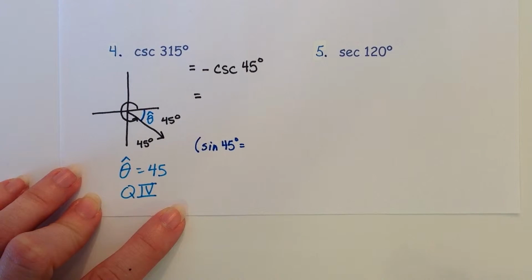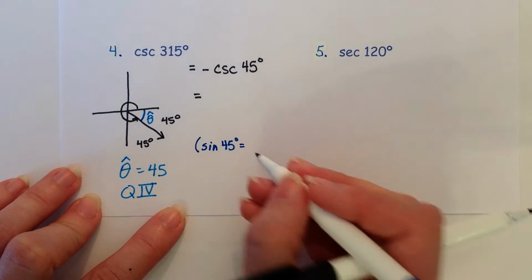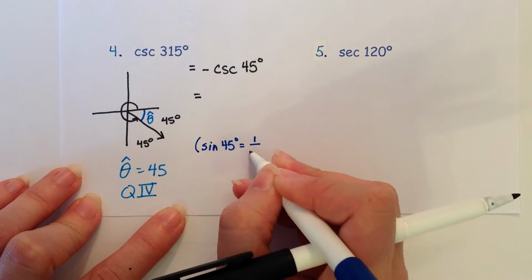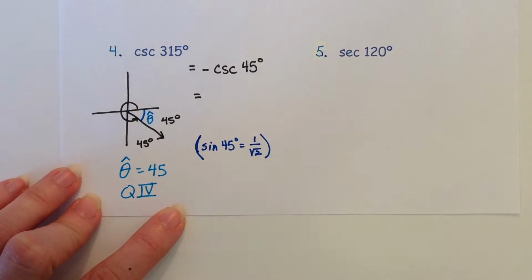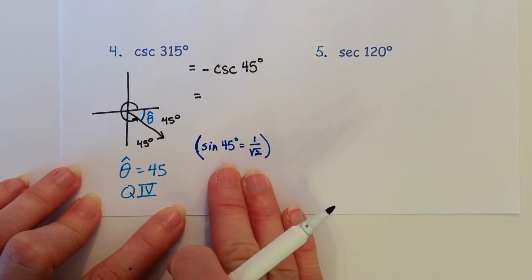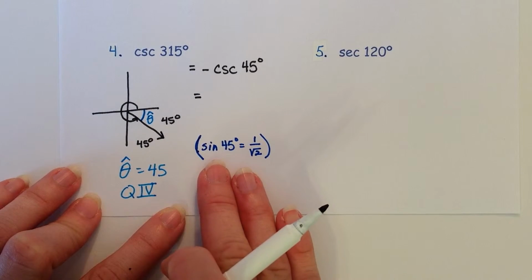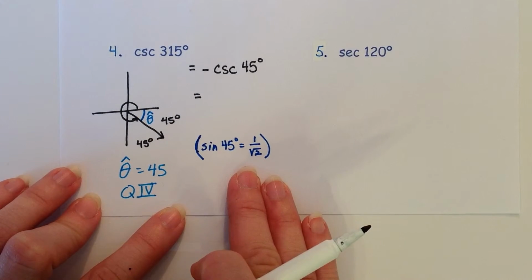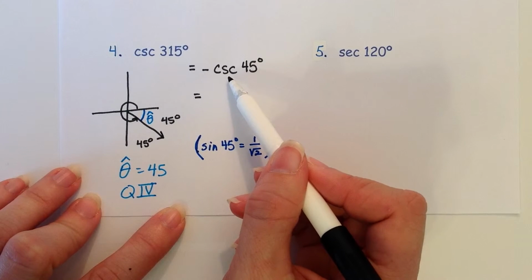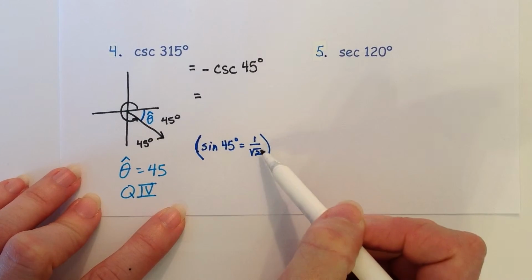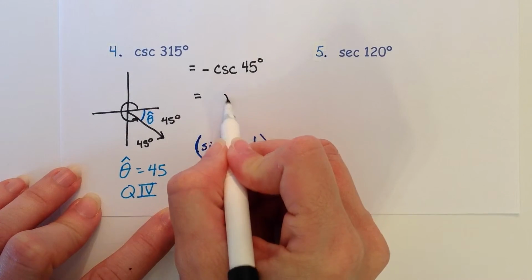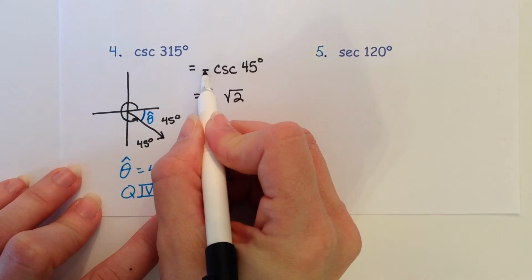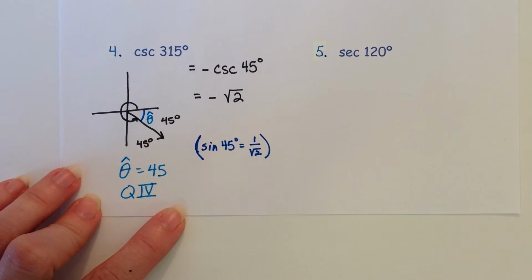Now, there's two different forms that I gave you for sine 45 degrees, so it doesn't matter which of the two you use. So I'm going to use 1 over square root 2. I'm just putting it in parentheses because this is just what I've got to recall. But since sine 45 degrees is 1 over square root 2, and I'm wanting cosecant, then I need to find the reciprocal. So the reciprocal of 1 over square root 2 would just be square root 2. Of course, this would make it negative.